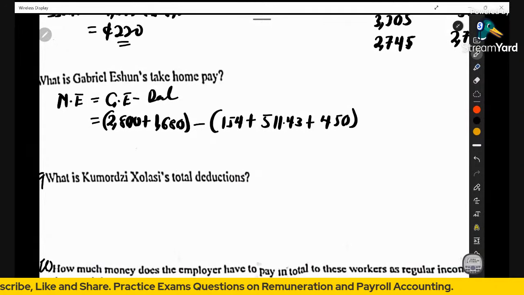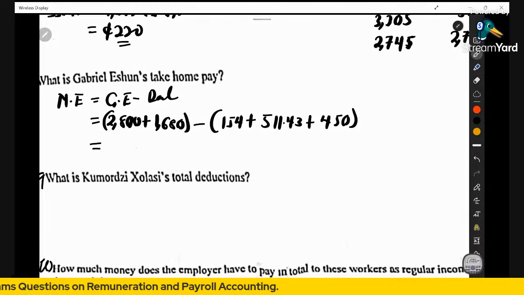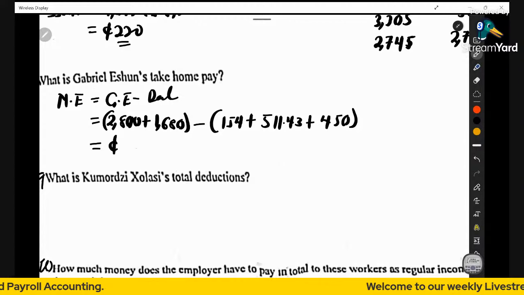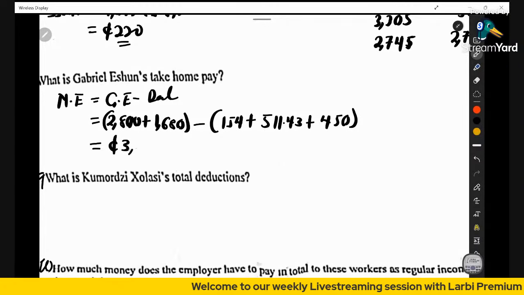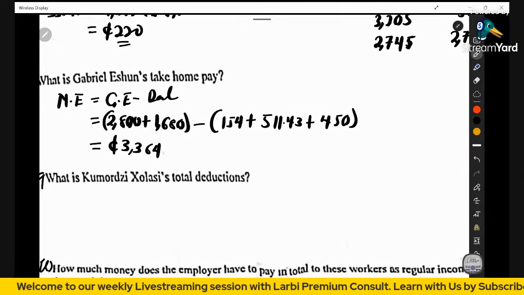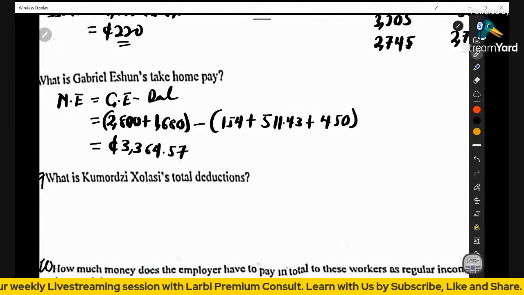Okay, so at the end of the day, when you compute with that, add and subtract, you should be able to get the net earning or the net income or the take home pay to be equal to 3,364.57. So let's take note of that.